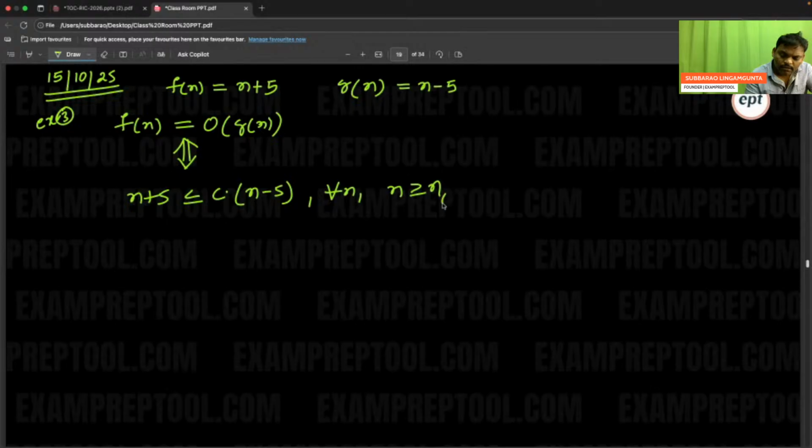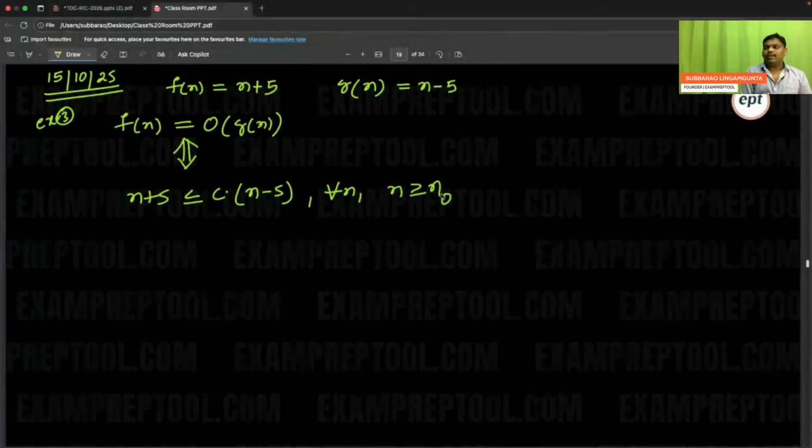Is it possible or not? We'll verify. If you see, the left side is n plus 5, the right side is n minus 5, but big O means I have to prove the right bigger. But actually comparing left and right, left is bigger, but I want to prove right bigger. You may say, sir, how is it possible? We'll check now.